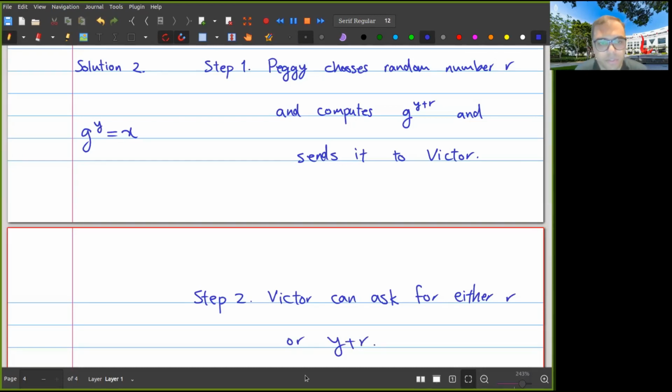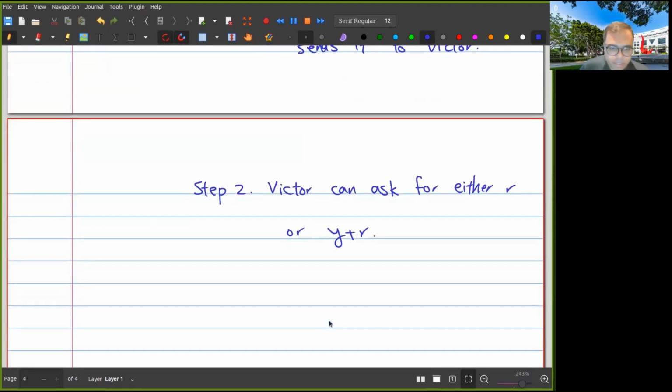So Victor just tells Peggy, tell me r, or tell me y plus r. Now, step 3 is that Peggy gives the information to Victor. So Peggy answers. And then in step 4, Victor can verify this.